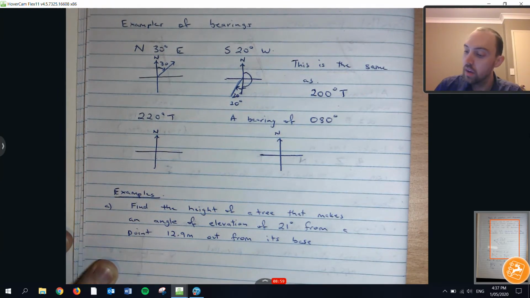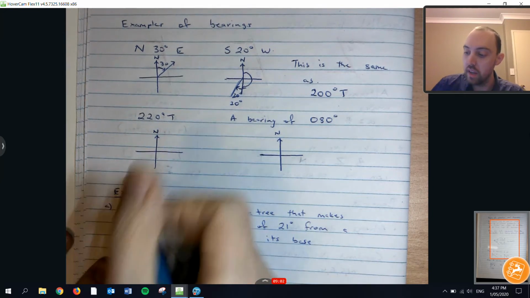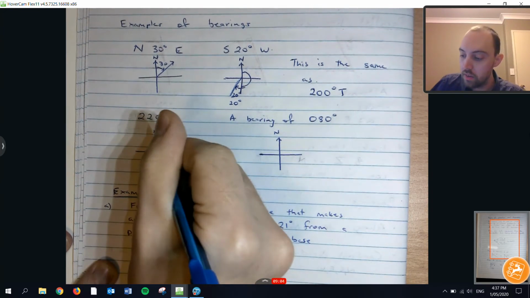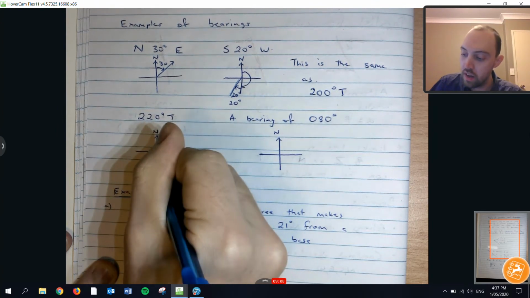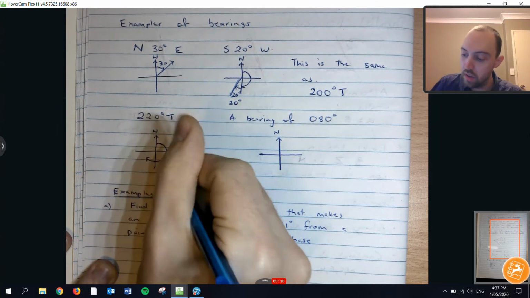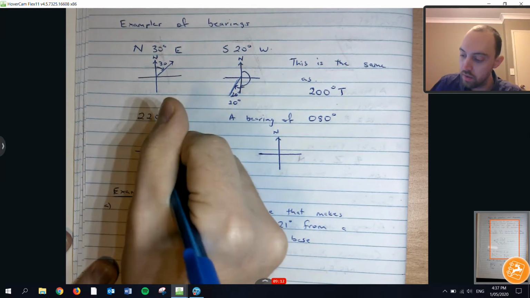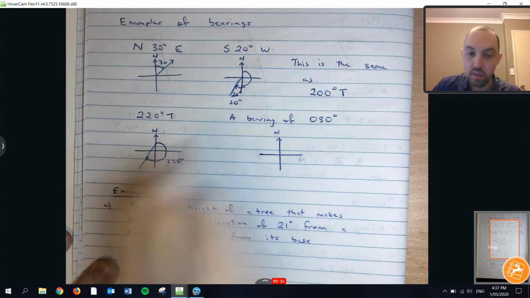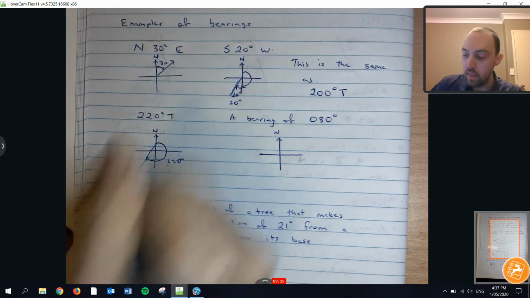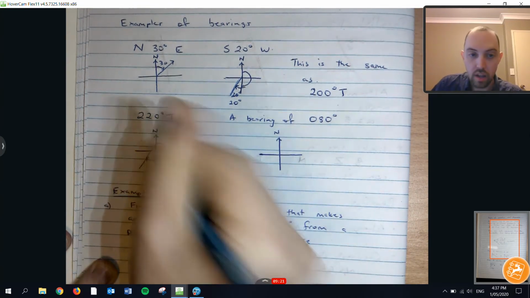If it was a true bearing, again, starting from north clockwise, all the way, 180 is south, plus another 40 degrees, so 220 degrees is that full turn, 220 degrees, not 22, and that's the direction that we'll head.